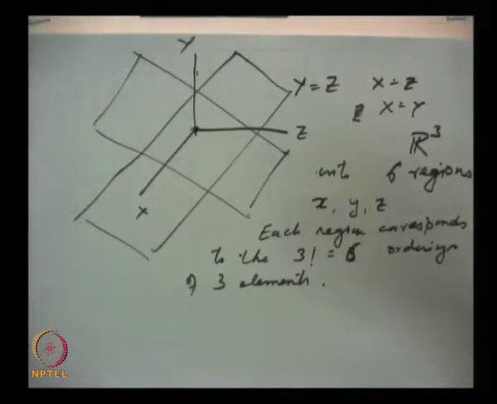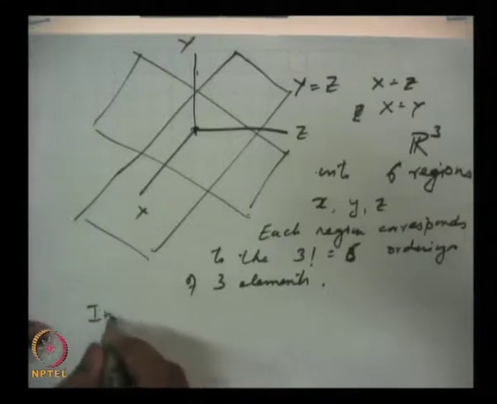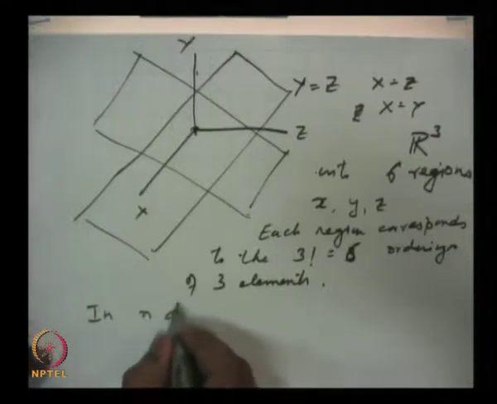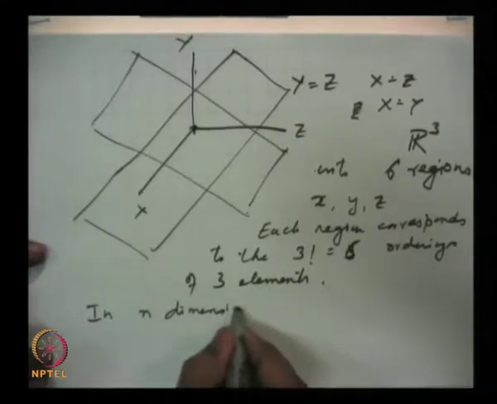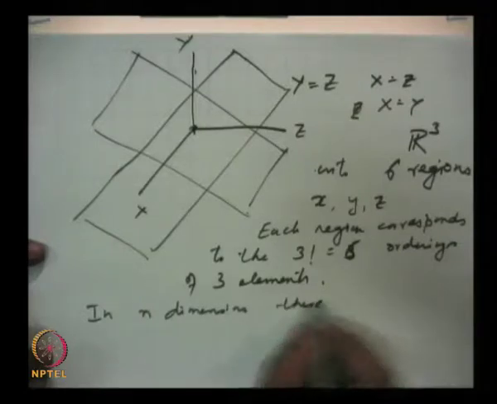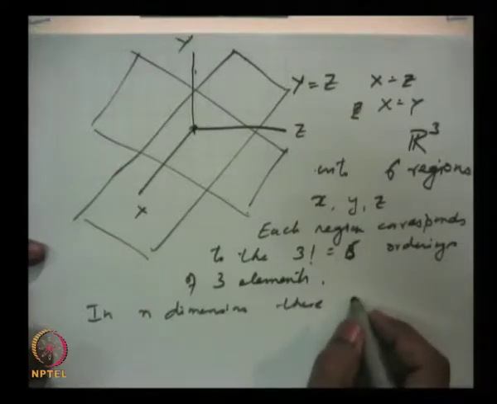So, when you go to n dimensions, the given input is an n dimensional point. Okay, the input of n elements can be thought of as a point in n dimensions. Then analogously in n dimensions, how many such regions are there? N factorial, right?